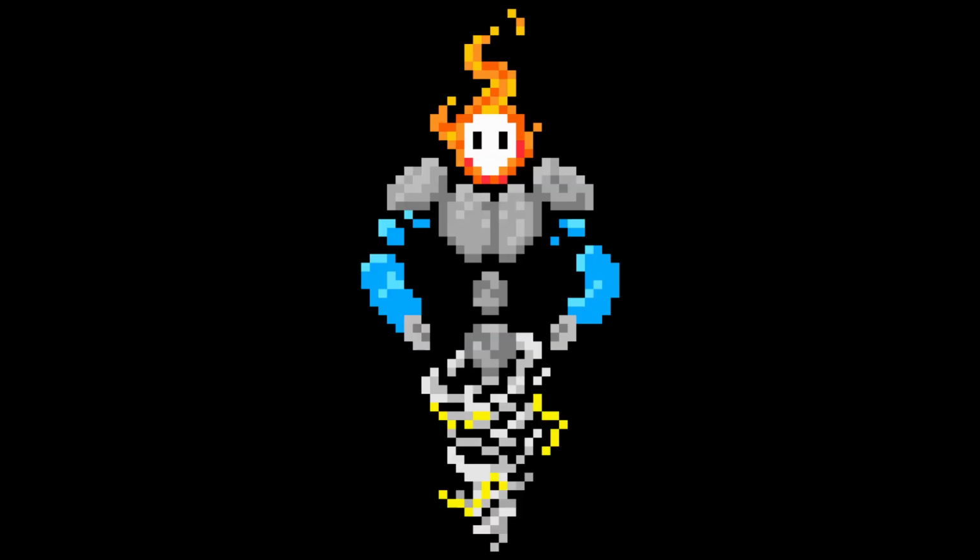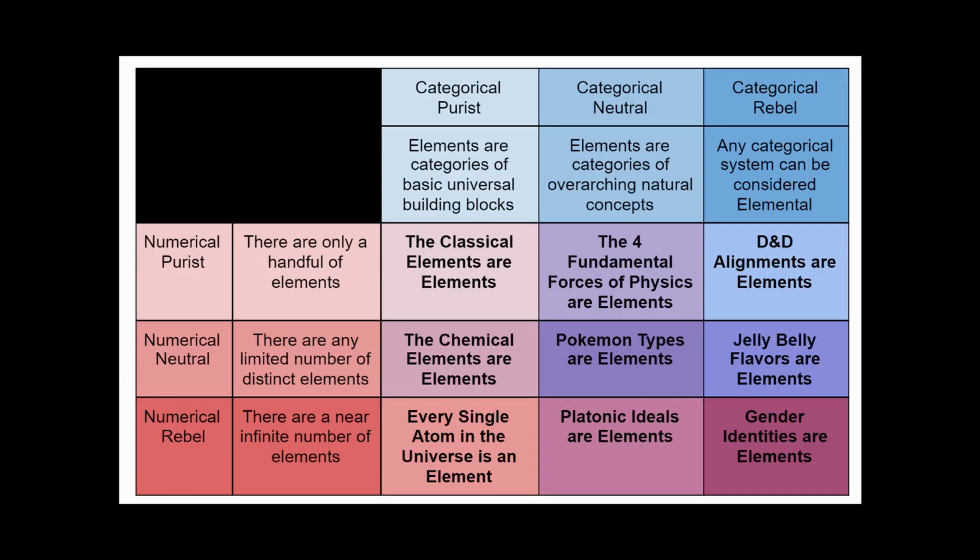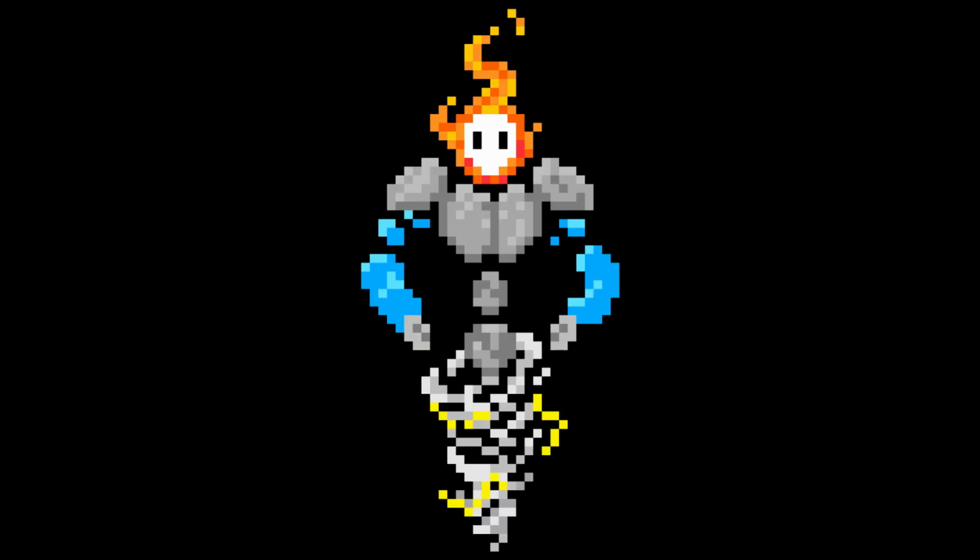Whether you're applying this concept to elements or mecha or sandwiches, the overarching pattern is this. The further along either axis you move, the more resistance that will be invoked by including progressively radical stances. In other words, if your elemental system includes something stupid, you better be damn prepared to justify that design choice.